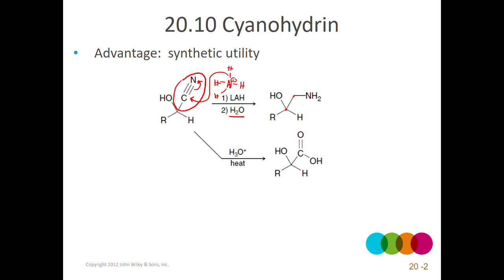But once this is connected, another reaction that can occur at the CN is a hydration type reaction. We're going to discuss the mechanism of this later in chapter 21, but just to give you a general idea of it, if I have a CN group here, what's going to happen is the H plus is going to protonate this nitrogen.